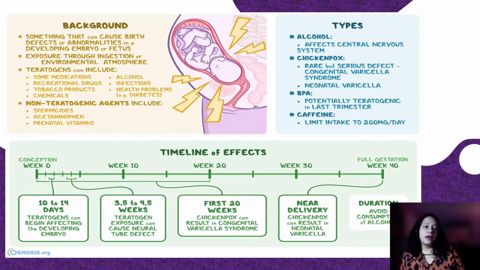Teratogens can begin to have a negative impact on the fetus as early as 10 to 14 days and even up to delivery, and then have very negative and harmful effects after delivery into early childhood, teenage years, and adulthood. For example, when a woman smokes during her pregnancy, the baby or infant can be born with very low blood oxygen.